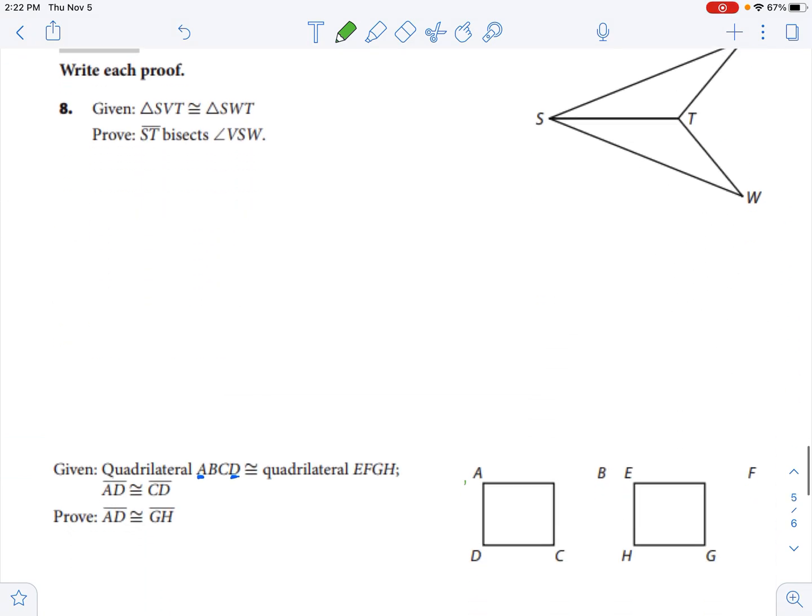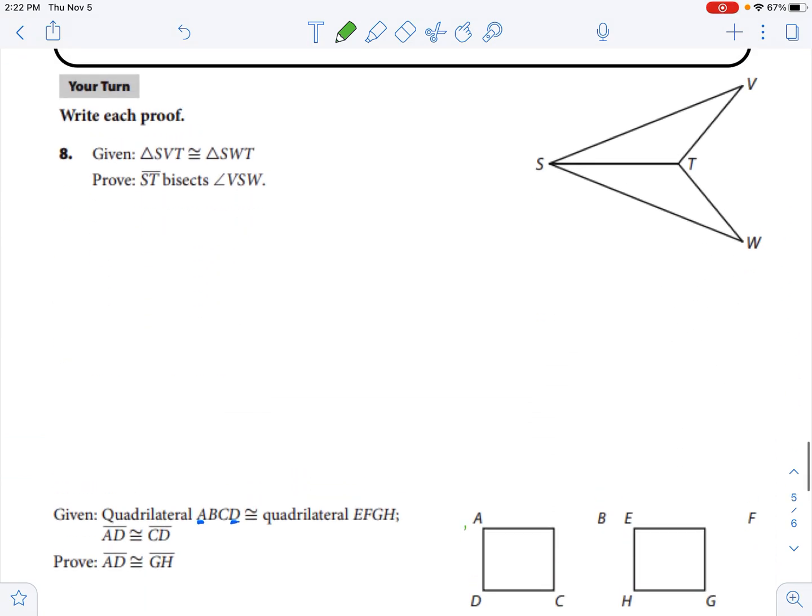So we'll go through two more proofs. I just want to point out to you, it says that ST, this line right here, bisects angle VSW. So that means that this angle right here is congruent to this angle here. So we'll start off with our given: triangle SVT is congruent to triangle SWT because it's given to us.